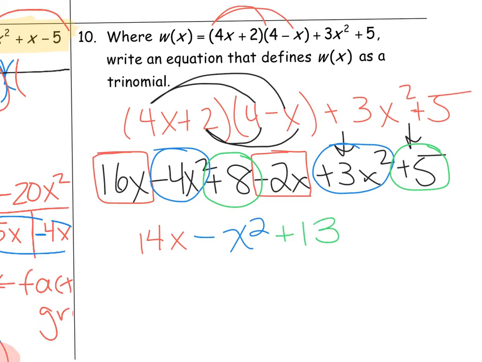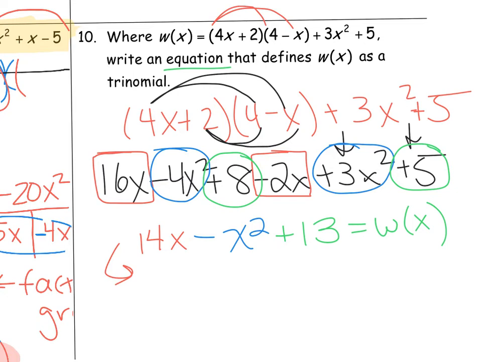Now, if I asked you to write this equation in standard form, how would we rewrite that? Because right now this is not in standard form. Take a second to think about it. Have an idea? We are going to write this where the greatest exponent comes out front.